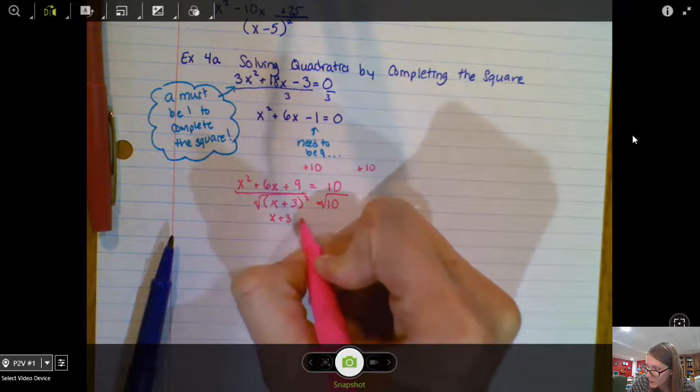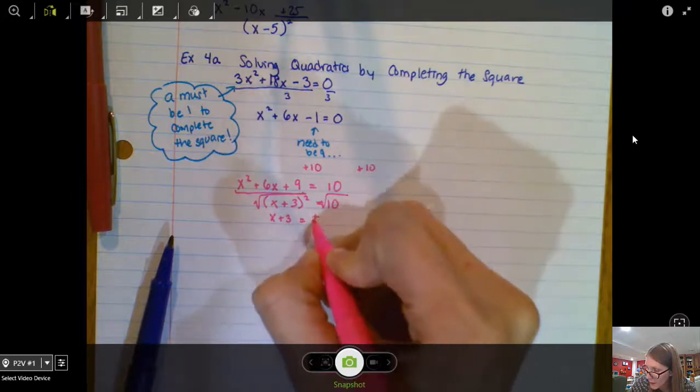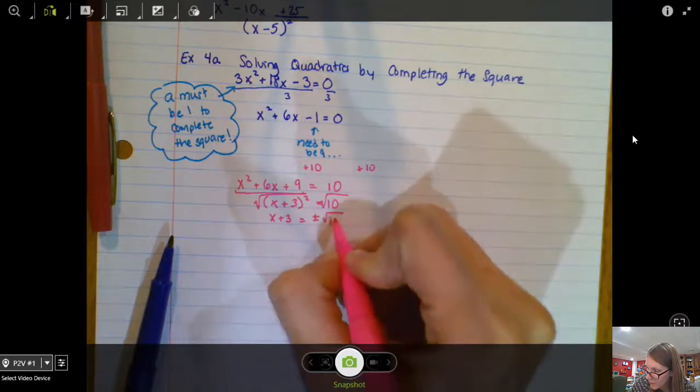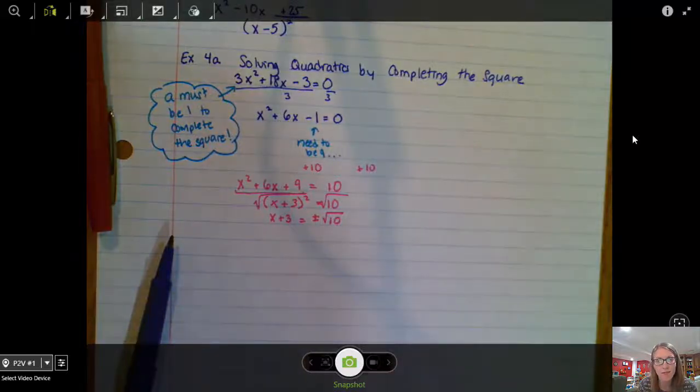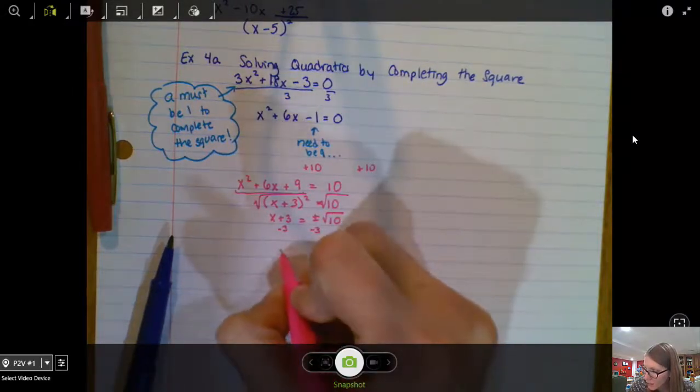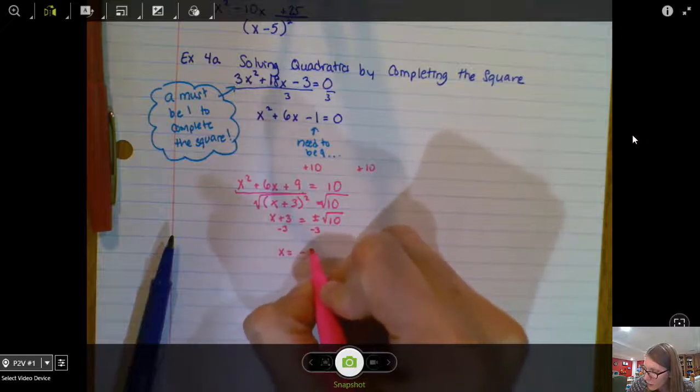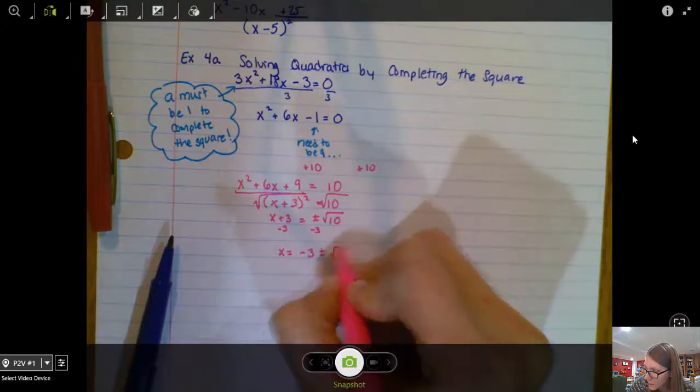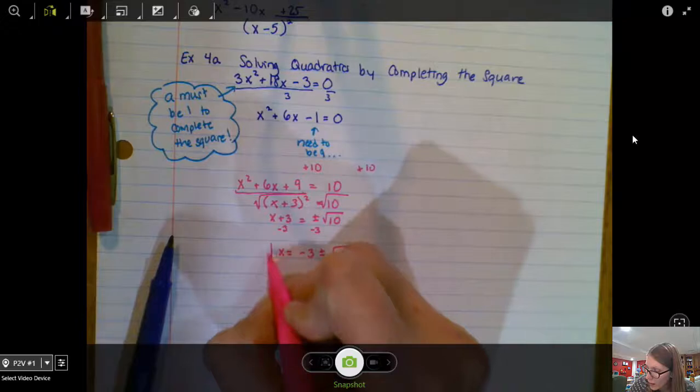And don't forget, as soon as we take that square root, the plus or minus goes in there. Square root of 10 doesn't simplify. It's not a whole number, so I'll leave it as that. Subtract 3 from both sides, and I get my solution. X equals -3 plus or minus the square root of 10.